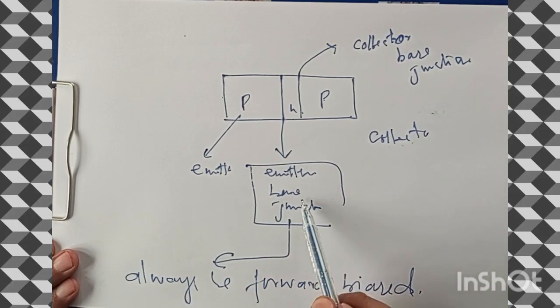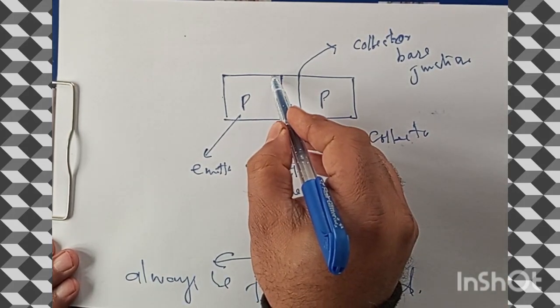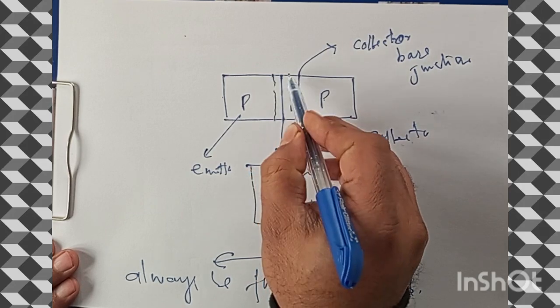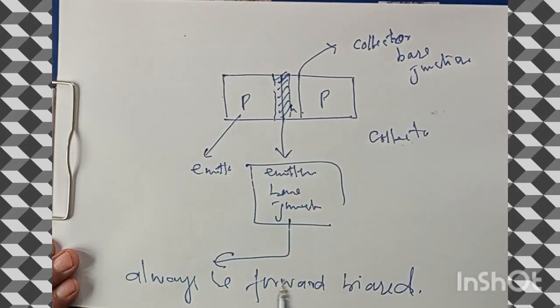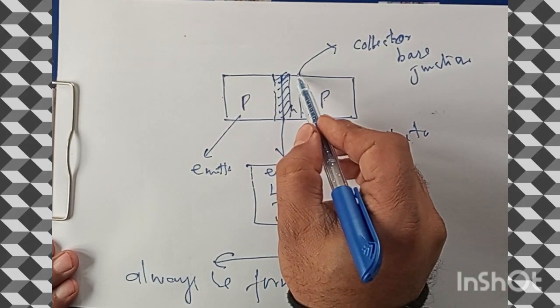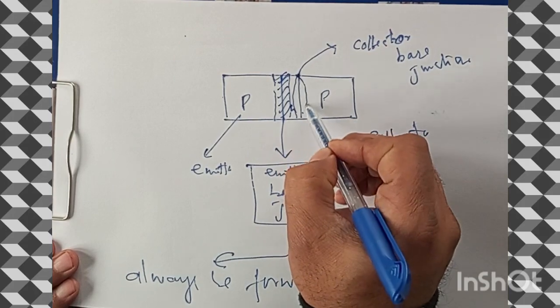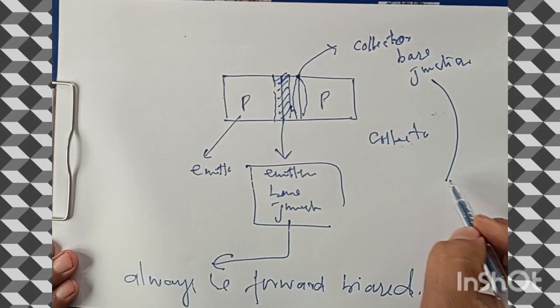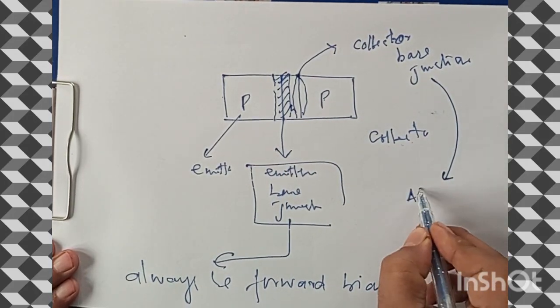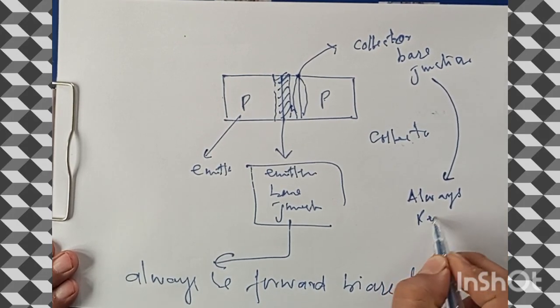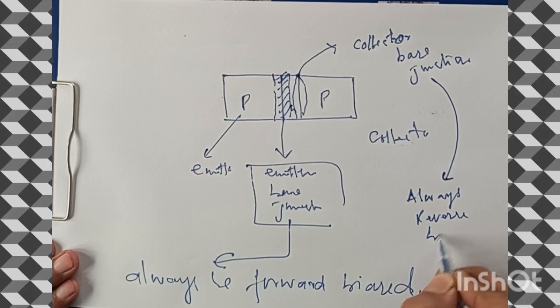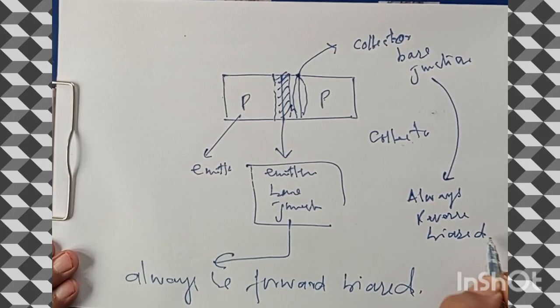This emitter-base junction that I'm talking about is always forward biased, and the collector-base junction is always reverse biased.